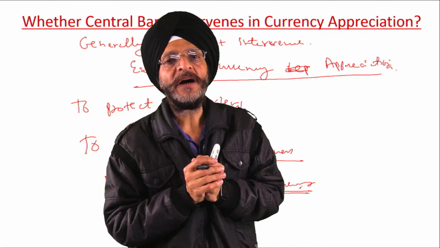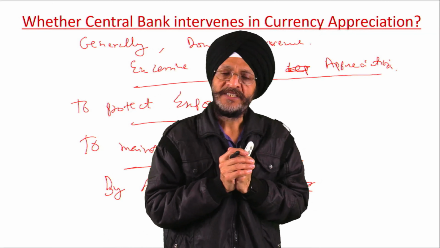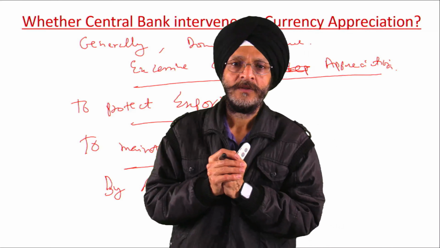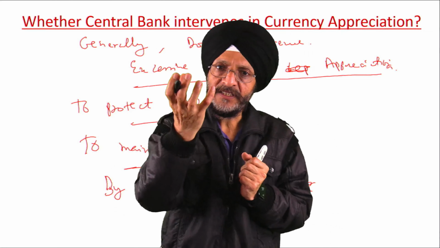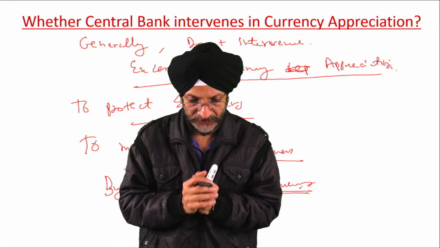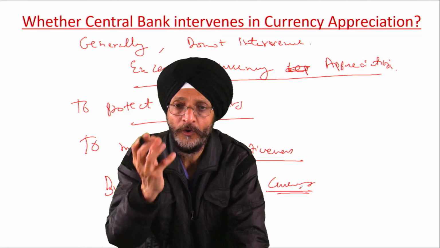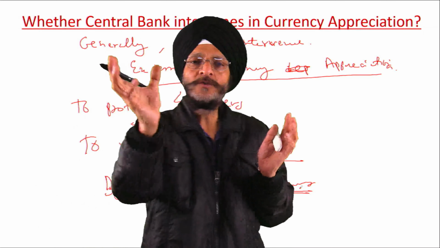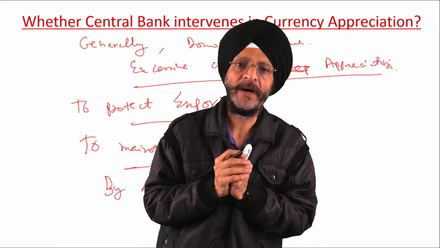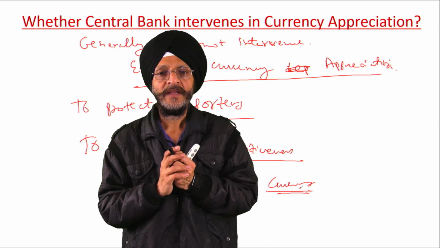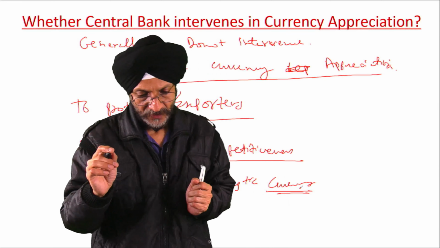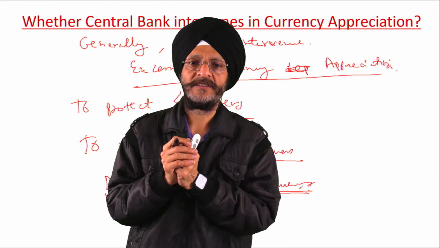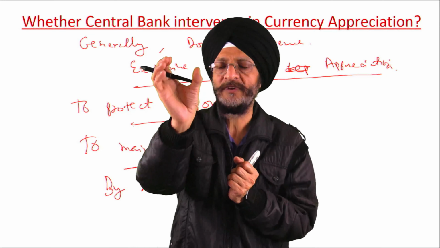The central bank may also purchase foreign exchange reserves. So when the central bank purchases foreign exchange, foreign currency is purchased by the central bank, it reduces the availability of foreign currency in the market, and it indirectly reduces the value of domestic currency because the foreign currency becomes more valuable.